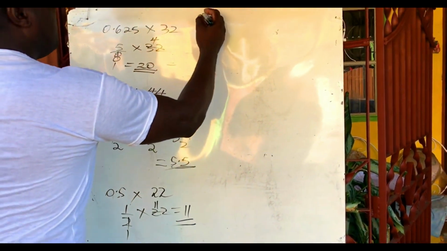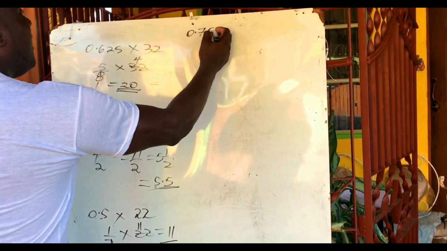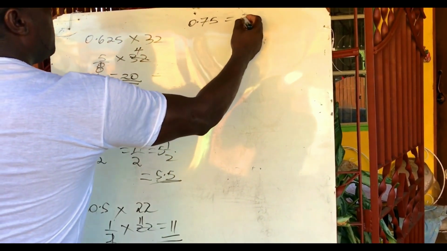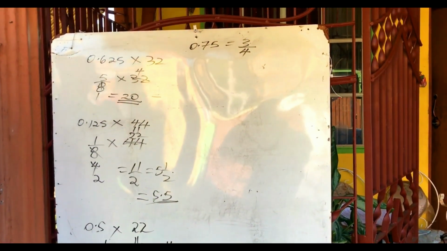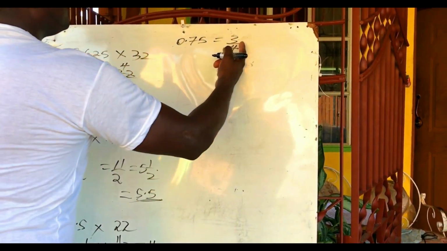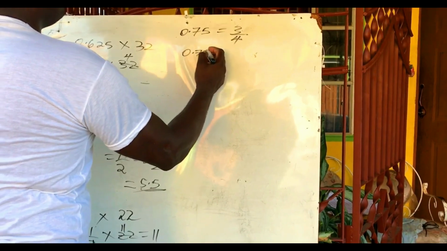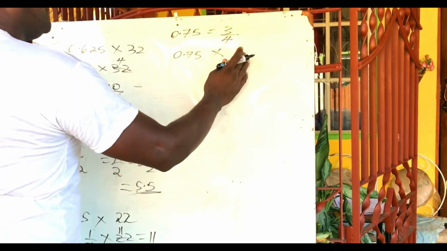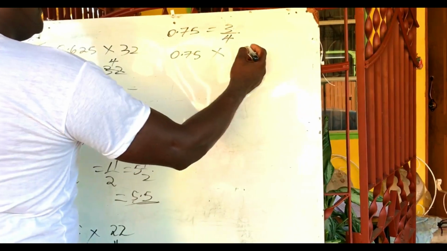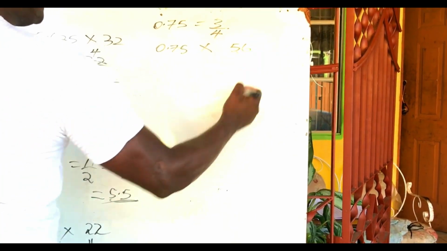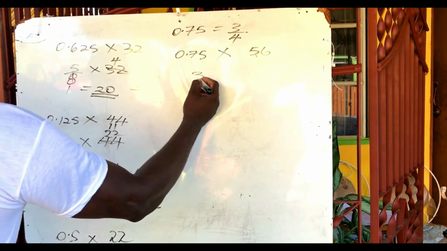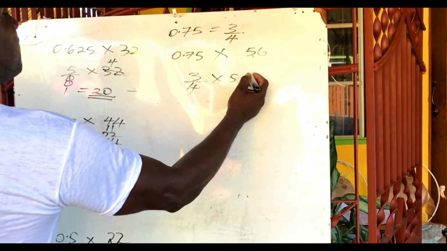0.5, we also have 0.75, which is the same thing as 3/4. So if you get 0.75 to be multiplied, say, by 56, then you can have 3 over 4 times 56.